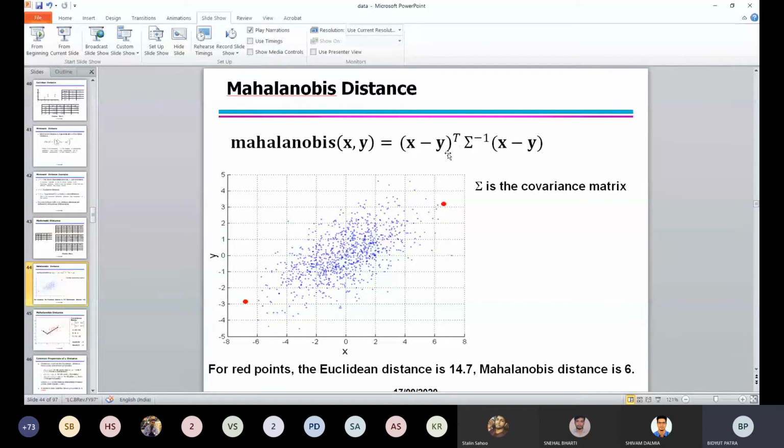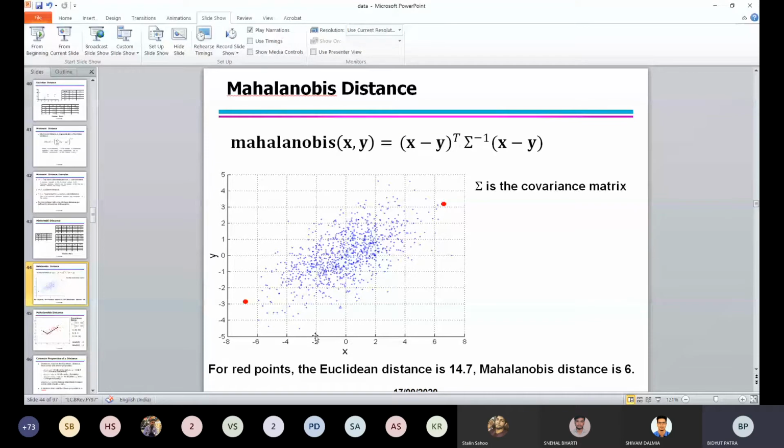Therefore x minus y transpose will be 1 cross 2, then the covariance matrix size will be 2 cross 2, and next x minus y will be 2 cross 1. Therefore the output of the Mahalanobis distance will be a scalar value, and as we know the distance is a scalar, so we'll get this distance.